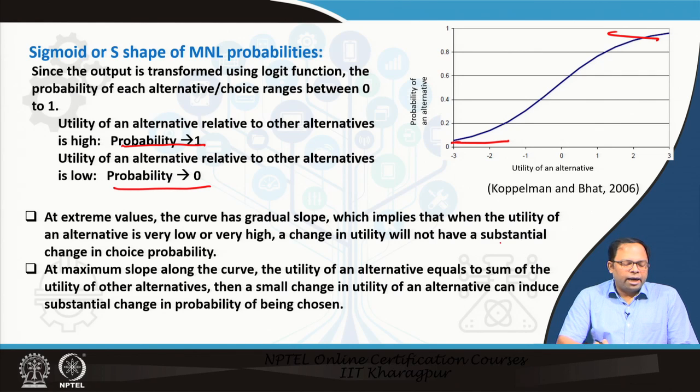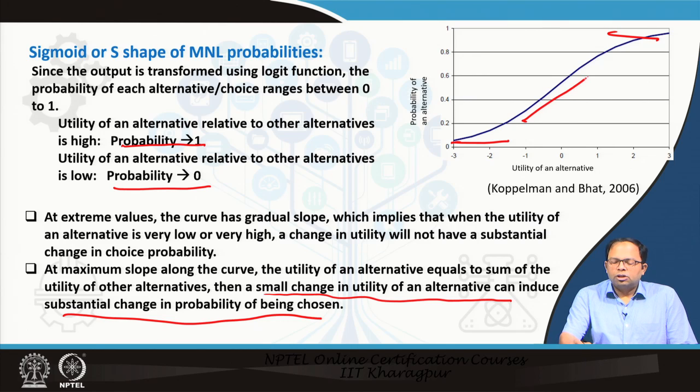And at maximum slope along the curve, the utility of an alternative equals the sum of the utilities of other alternatives. There, a small change in the utility of an alternative can induce a substantial change in the probability of being chosen. So, if it is over here, then the change is very abrupt, and the chance of being chosen is much higher.